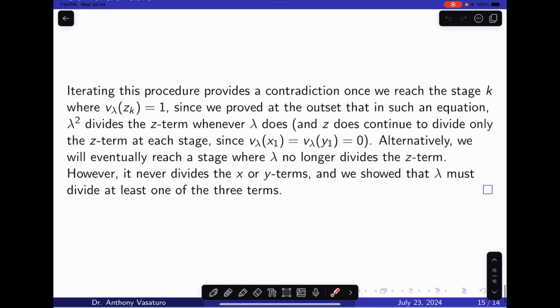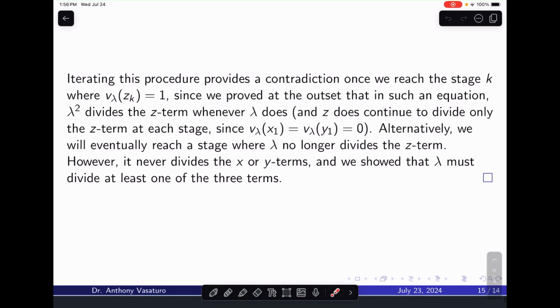Another way of thinking about this is that we'll eventually reach a stage where lambda no longer divides the z term, which would be the k plus first stage. However, it never divides the x or y terms, and so if that happens, it doesn't divide the x or y or z term. But that's impossible because we showed at the outset in the proof that lambda has to divide at least one of the x, y, or z terms given a non-trivial solution to the Fermat equation of exponent 3 over R.